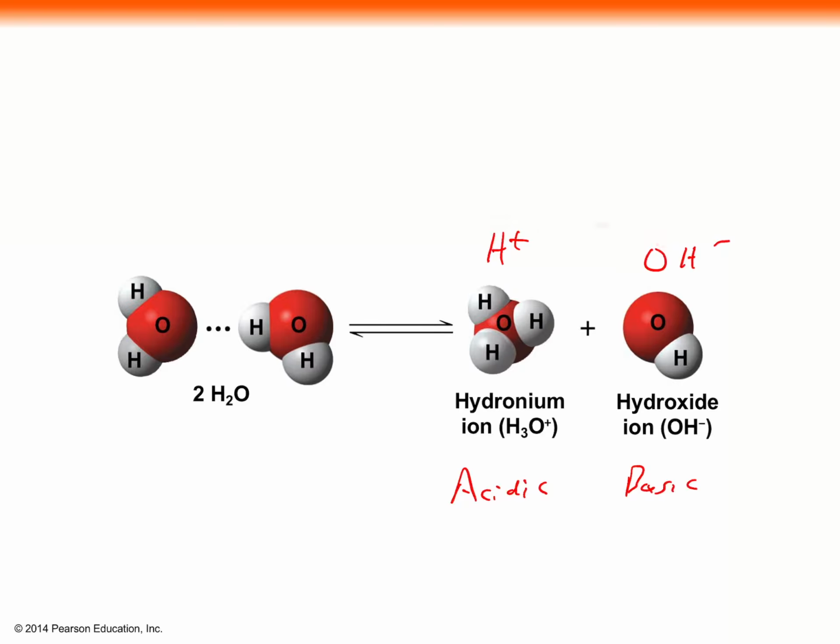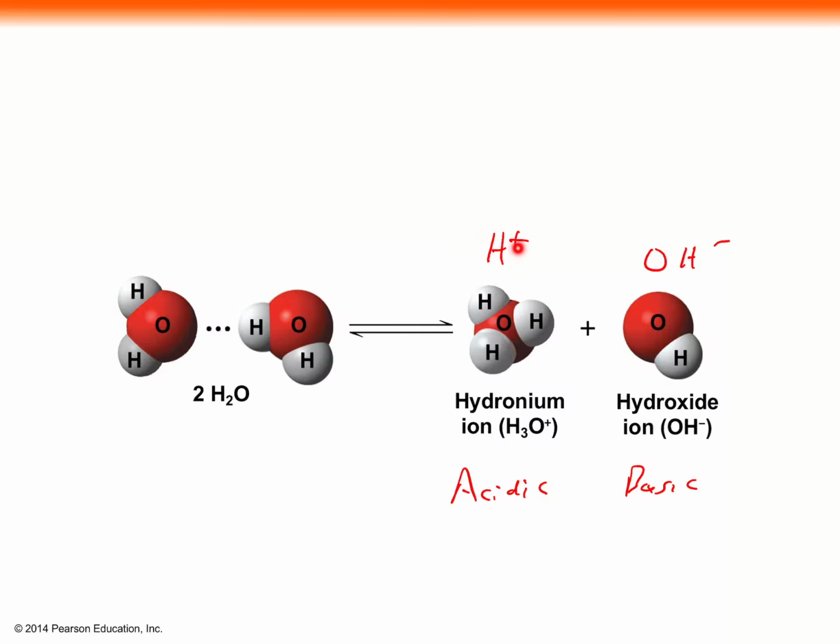You have the same number of acidic ions as you do basic ions, and so the pH is 7, it's neutral, okay? So, if they're equal, it's neutral. It's when the concentration of these two gets out of balance that our pH changes.